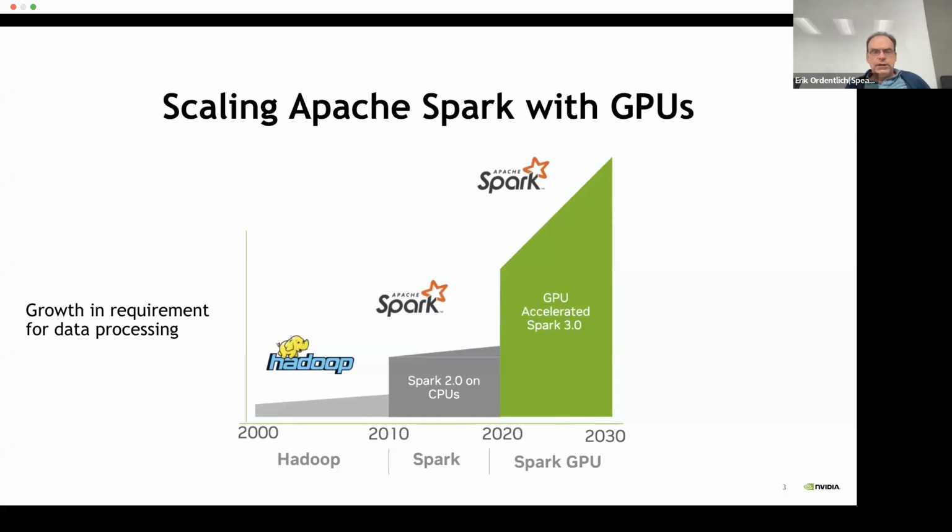Fortunately, the big data tech stack has been able to keep up with these requirements through some key innovations like Hadoop coming online, open sourcing in the 2000 timeframe, and Apache Spark then following on about a decade or so later, introducing essentially a step function in its ability to keep up with these data processing requirements by better utilizing CPU cores and memory.